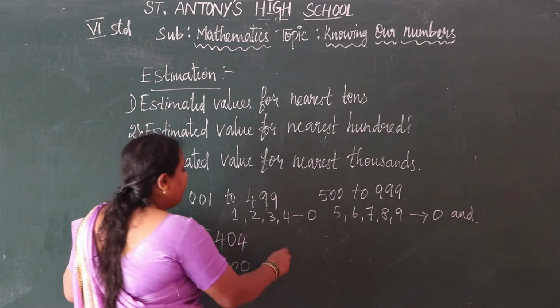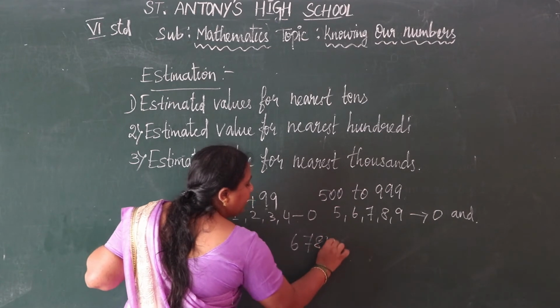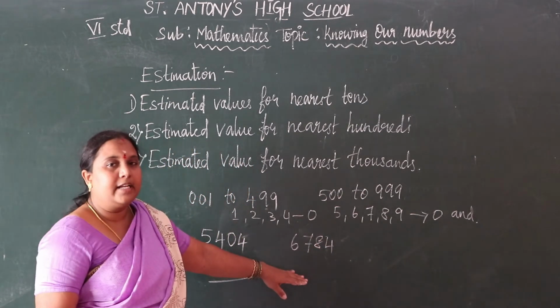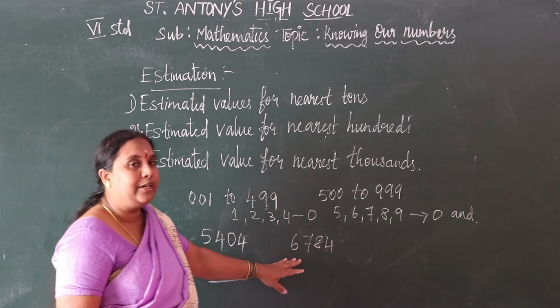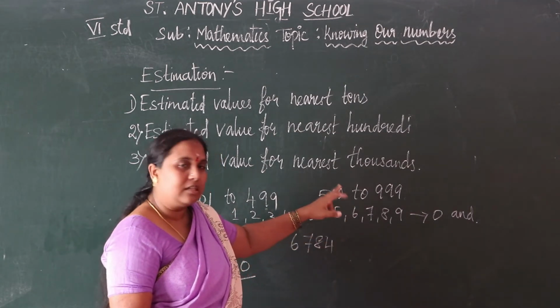6784 is another example for nearest thousands.